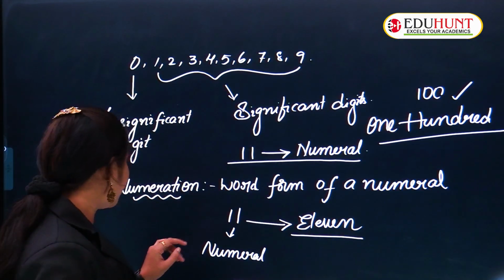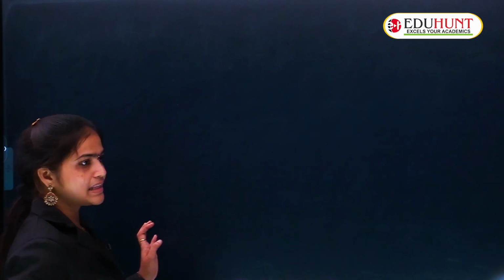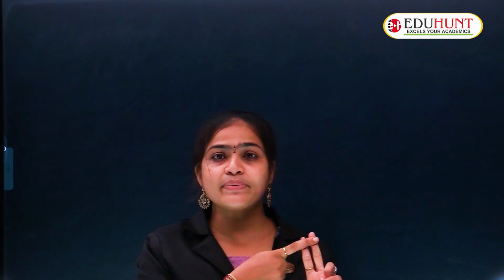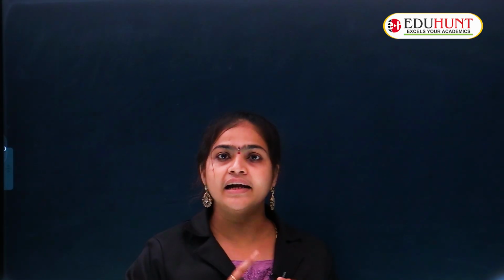Okay, children. After that, 0 to 9 are called digits, I told you. Now we have 1 digit numbers, and by taking 2 digits we have 2 digit numbers. By combining 3 digits, we get 3 digit numbers. In the same way, by combining 4 digits, we get 4 digit numbers, and so on. Along with that, we need to learn how many 1 digit numbers are there, how many 2 digit numbers, how many 3 digit numbers, and so on.